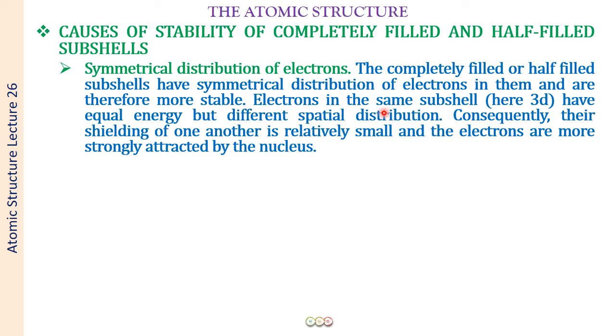And because of this different spatial distribution, the electrons do not create that many repulsions amongst themselves. They are not shielding one another. The value of this shielding effect is going to be very small, and hence the electrons are going to be more strongly attracted by the nucleus, right? So this is one cause that the symmetrical distribution of electrons makes the atoms more stable.